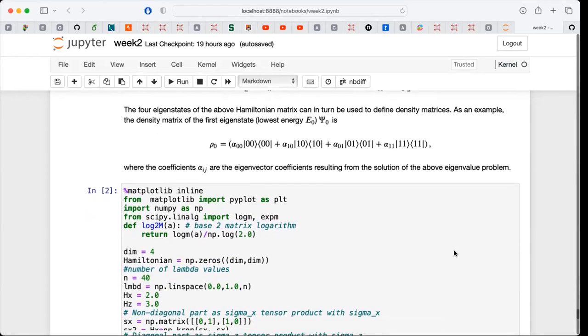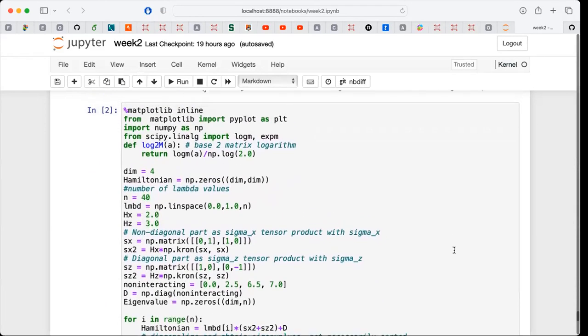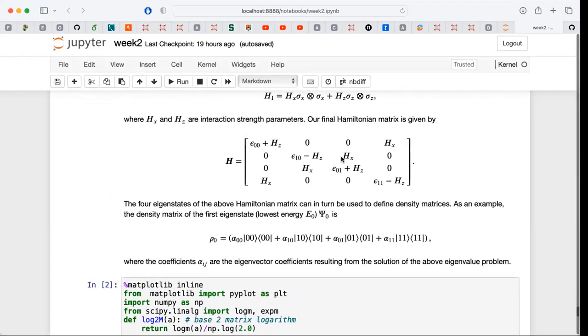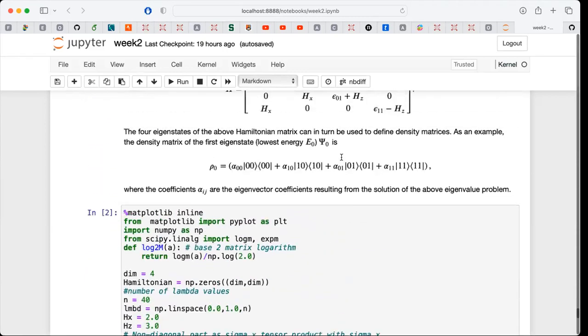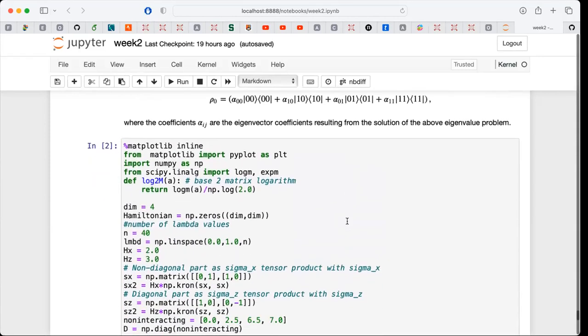Now, what I'm giving you here is actually a program which sets up this Hamiltonian matrix with a choice of values for, you see, I have an hx and hc, and these epsilons, which I can fix as I want.